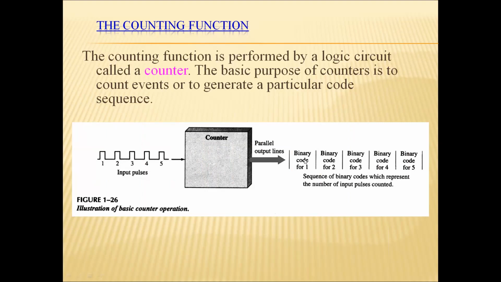So suppose there's a 3-bit counter. Or rather, let us say a 2-bit counter. A 2-bit counter will start from 00, 01, 10, and 11, so 4 combinations. Again it goes back to 0.